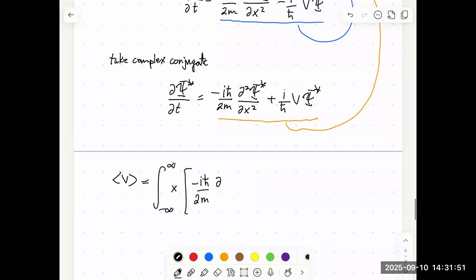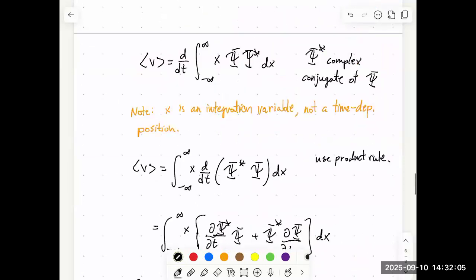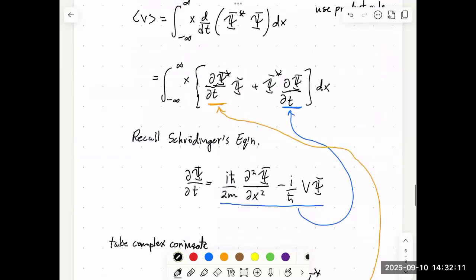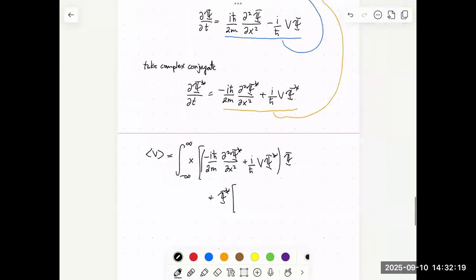Okay, so it's d2 phi star dx2 plus i over h bar V phi star. And all of that is going to have to multiply phi. Okay. And then we have plus phi star. And then we have what's underlined in blue.